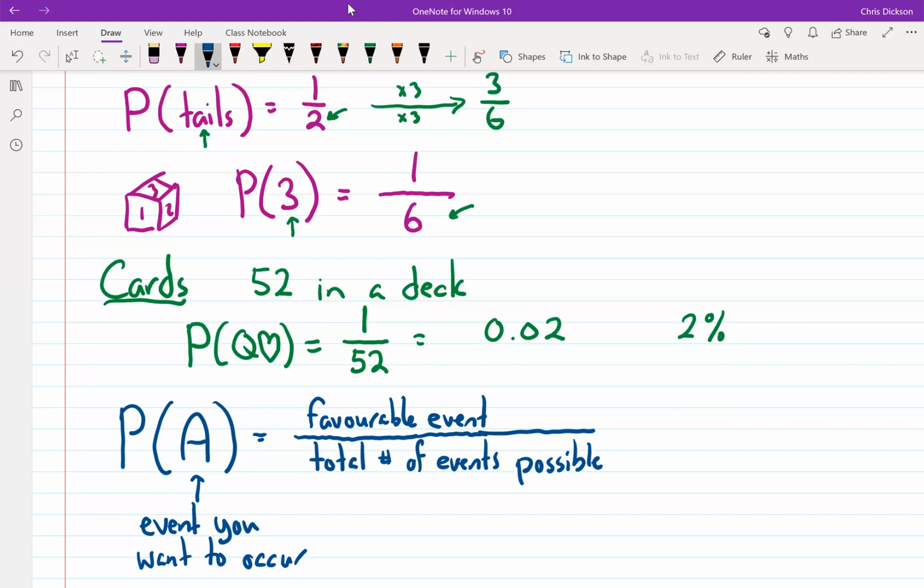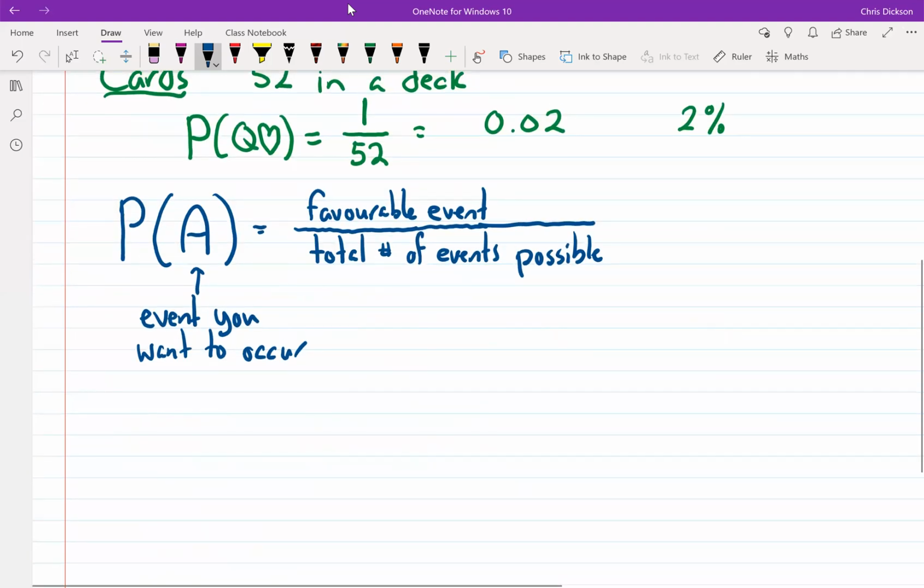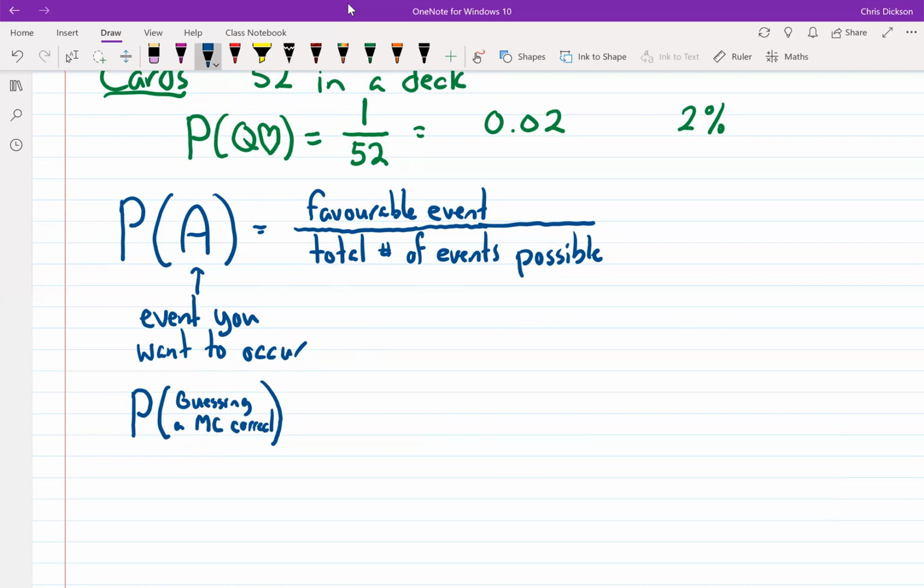Okay. So what I'm going to look at now is one more question, and let's take the probability of guessing a multiple choice question correct. Okay.